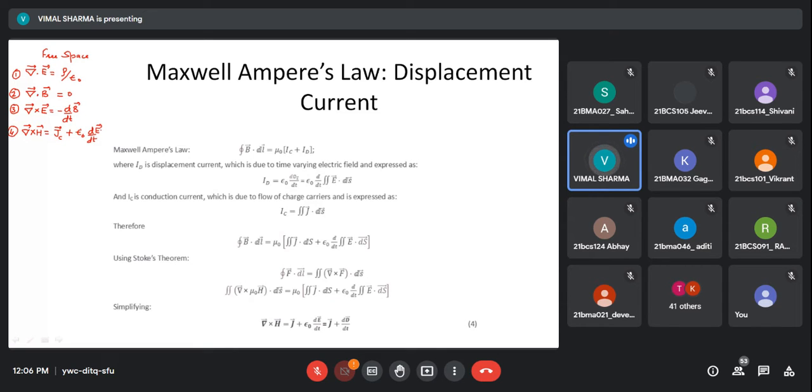Or as we know, I can also write this in this form: Jc plus d of epsilon naught E, the electric displacement vector D, divided by dt. And let me introduce this. D is what? It is the resultant electric field in any dielectric medium.